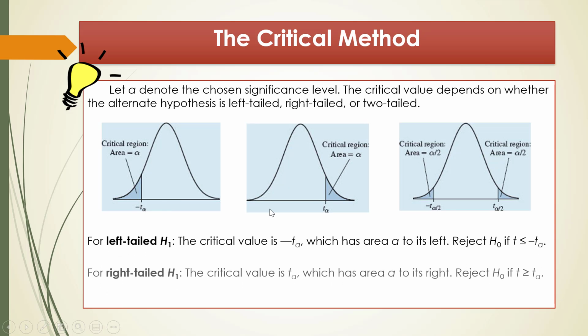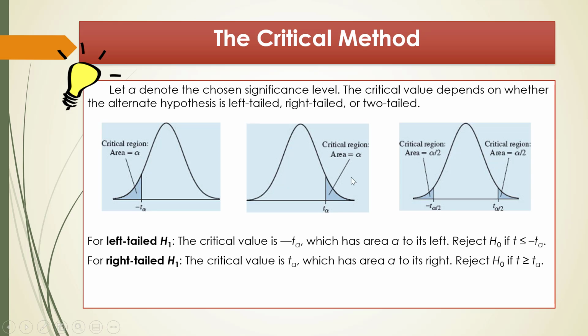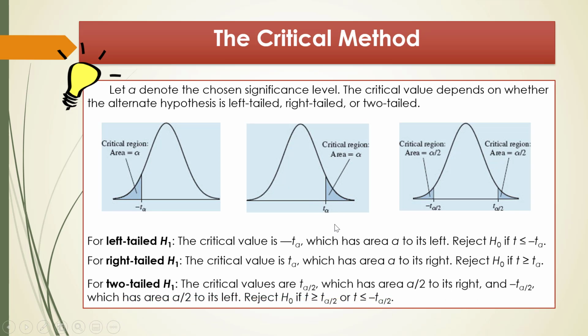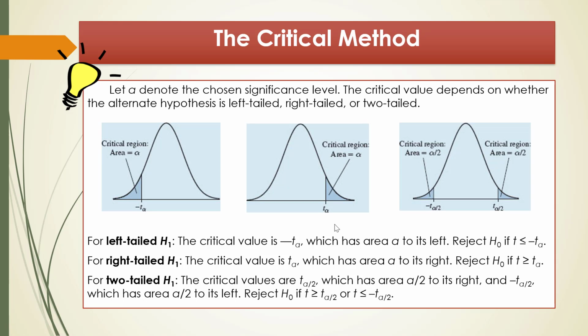For the right tail, the critical value should be a positive number, and the critical region is the area to the right of it. Here, the critical value separates 1 minus alpha area to the left and alpha area to the right. So the critical value here is t alpha. The critical values are t alpha half and minus t alpha half for the two tails, and the critical regions are the two tails.